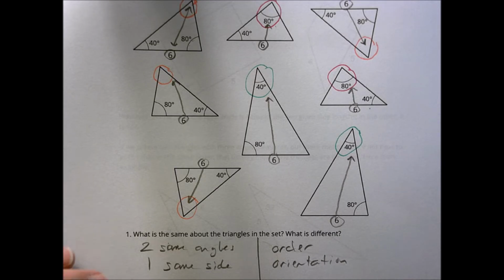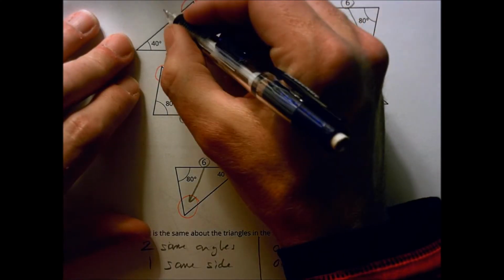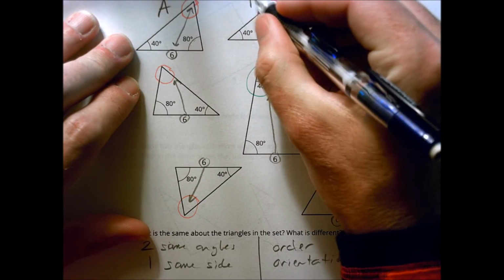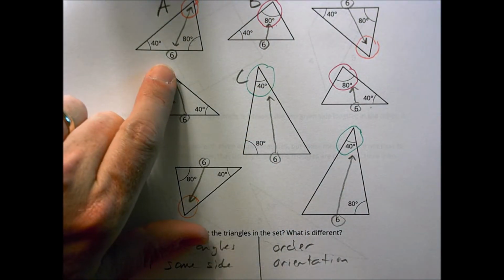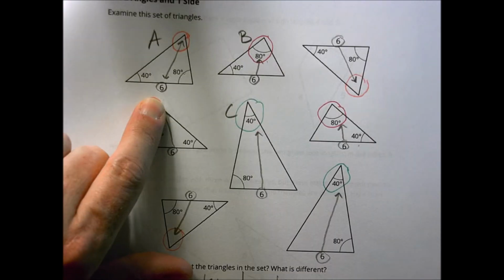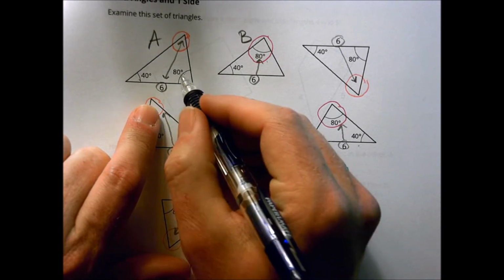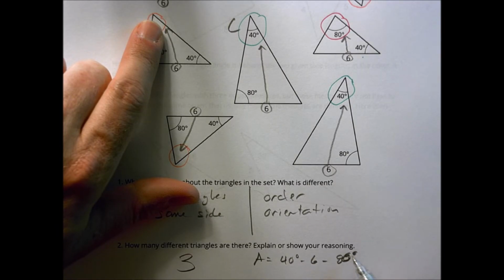The other way you can talk about this is you could take a look at your orders. So let's say that I call this first one A, this one B, and this one C. In A, the order seems to be, I could go 40, 6, and 80 degrees. So I have 40 degrees, a side length of 6, and 80 degrees, right?